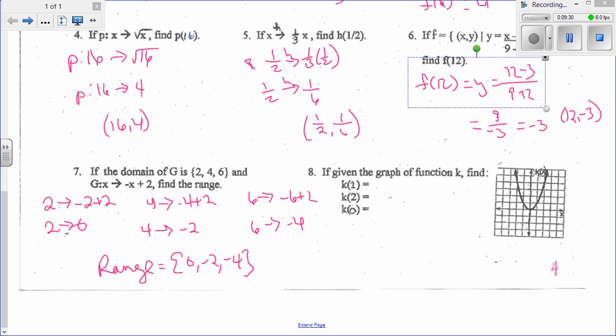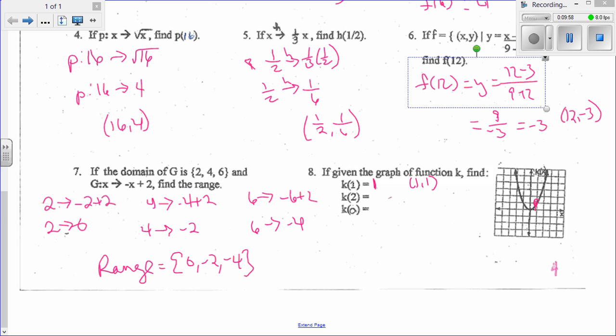For number 8, last one. If given the graph of function k, find k of 1, k of 2, k of 0. So what it's asking for is I'm giving you the x value, and you need to tell me the y value. So looking at the graph, if x is 1, my y value is also 1, because that's the point 1, 1 on your graph.